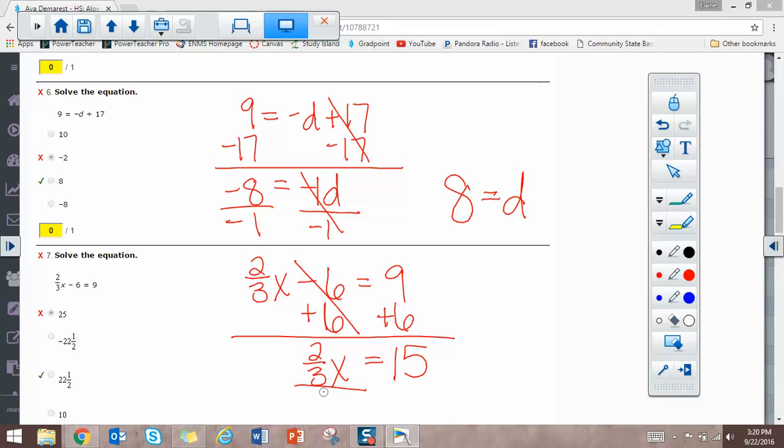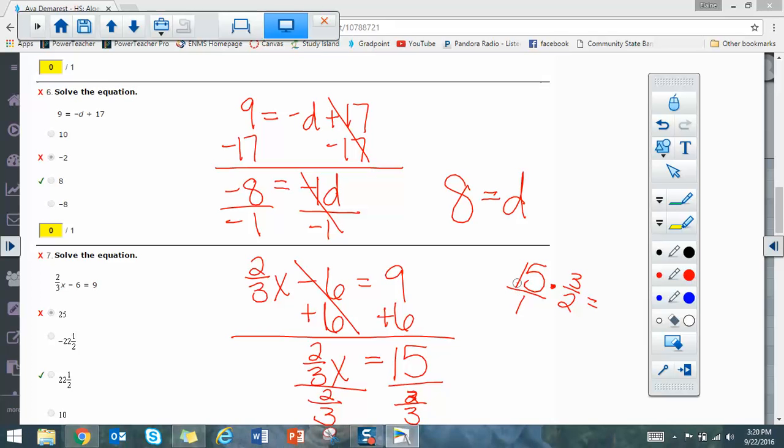And then we divide by 2/3. Just like if it were a coefficient, we would divide both sides by the coefficient. If it were a whole number, here it just happens to be a fraction, so we're going to divide by the fraction. Now we have to remember how to divide by fractions. You multiply by the reciprocal, so it's 15 times 3/2 instead of 15 divided by 2/3. So I put 15 over 1, and that gives 45 over 2.